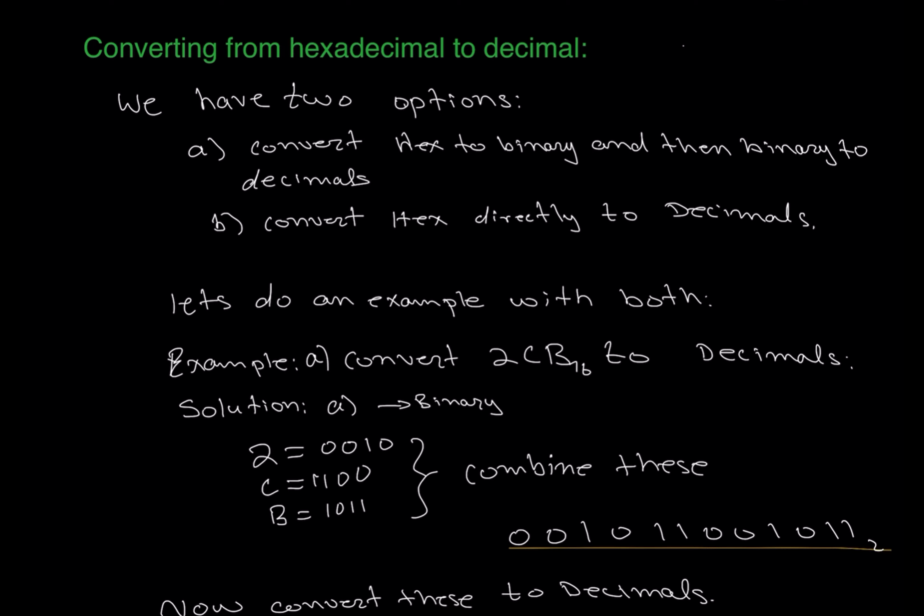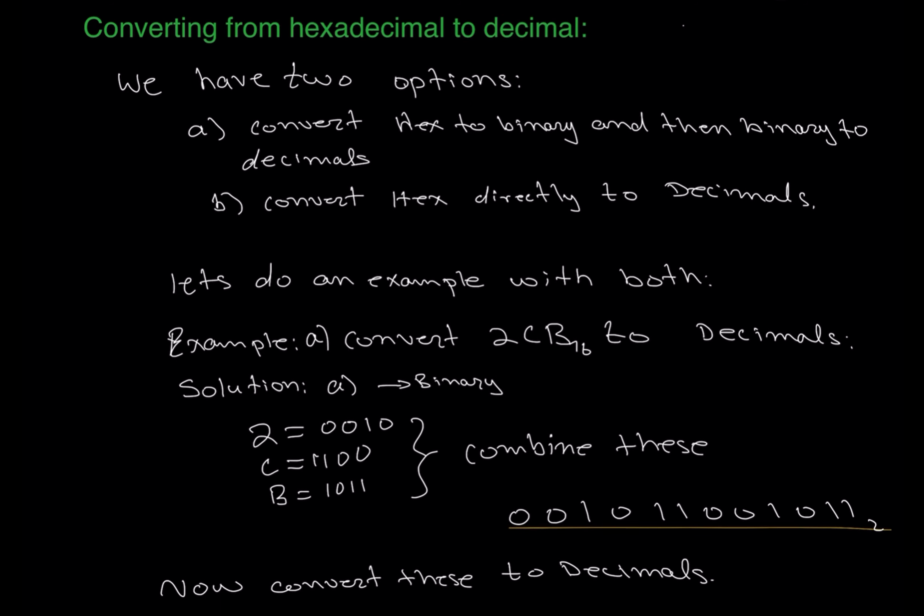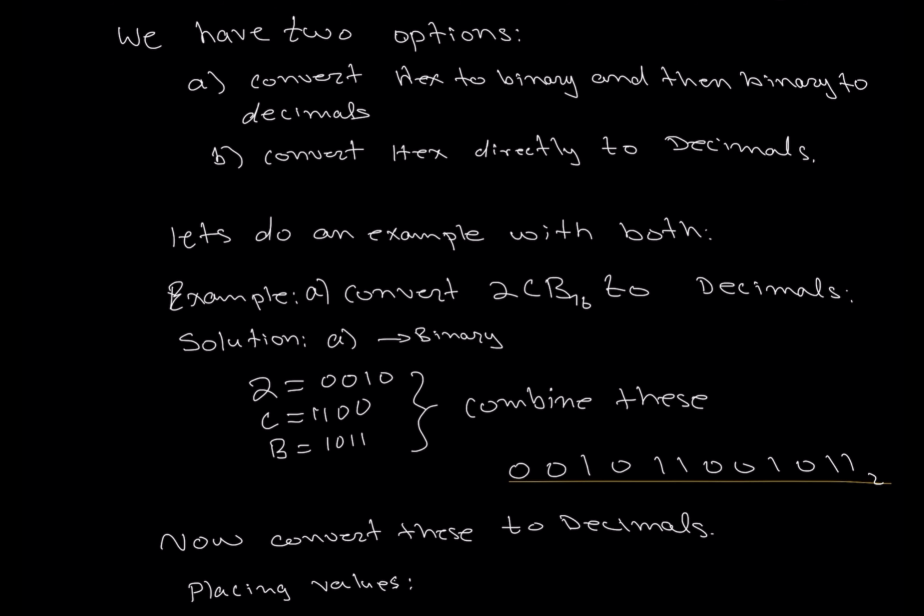It's easy if you remember the representation from 0 to 15 in the binary number system, and it's also not a bad idea to remember 0 to 15 in hexadecimal representation. The first option is to convert hex to binary and then binary to decimal, which is not that hard, but it takes 2 steps. Or convert hex directly to decimal. Okay, let's do an example of both.